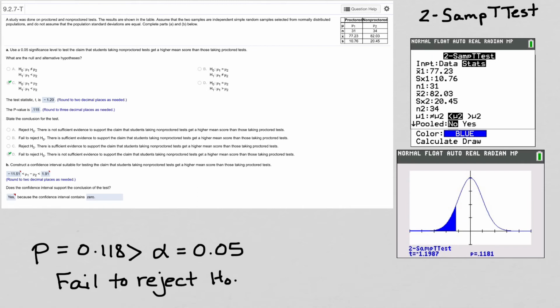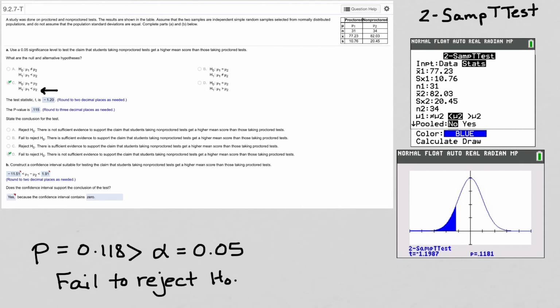And since the claim was the alternative hypothesis, and we always know that in a one-tailed test, the claim has to be the alternative. So we're going to either say there is sufficient evidence to support the claim or there is not sufficient evidence to support the claim.